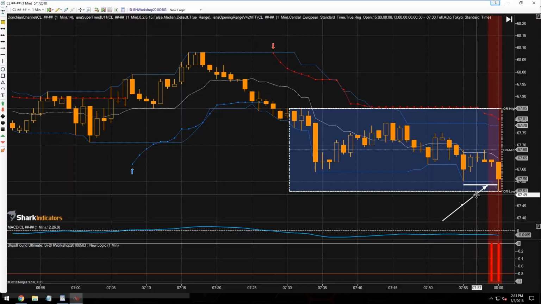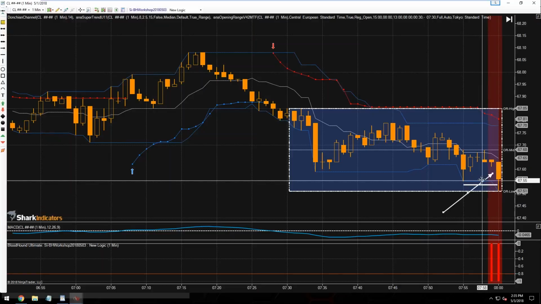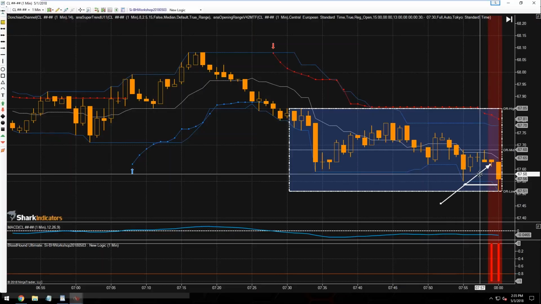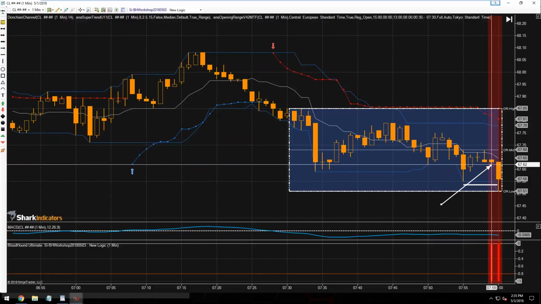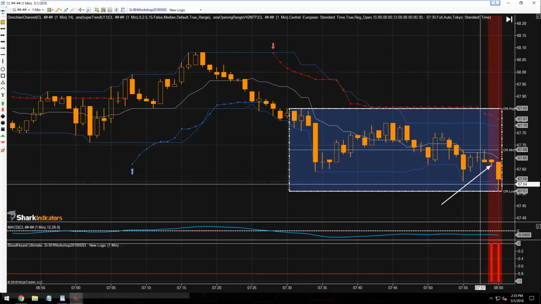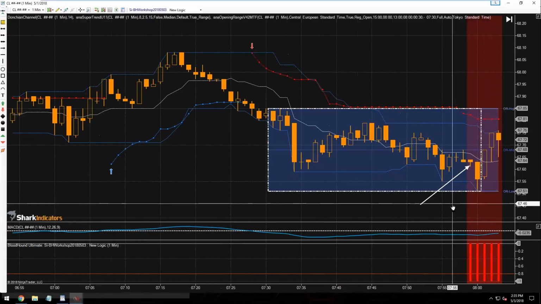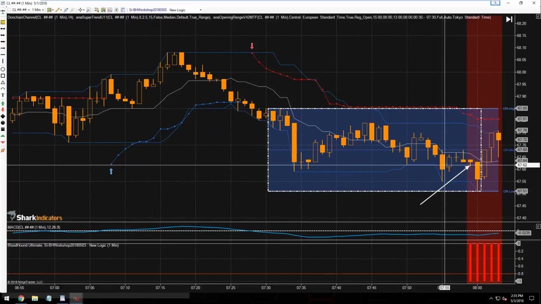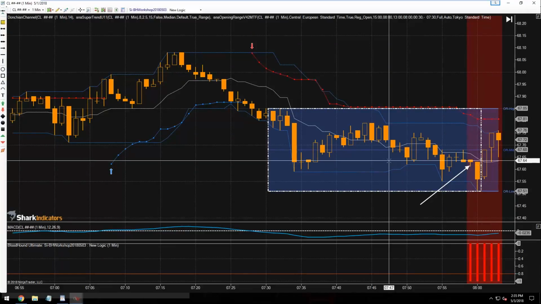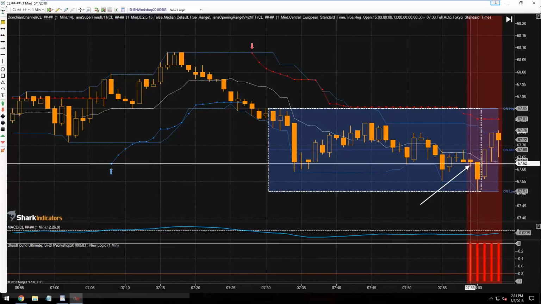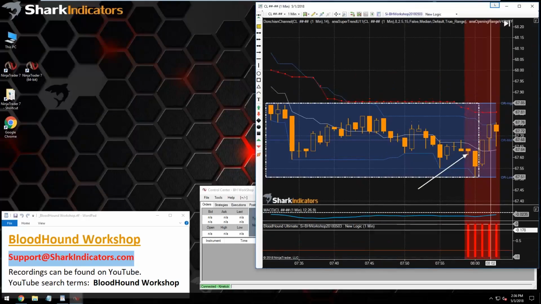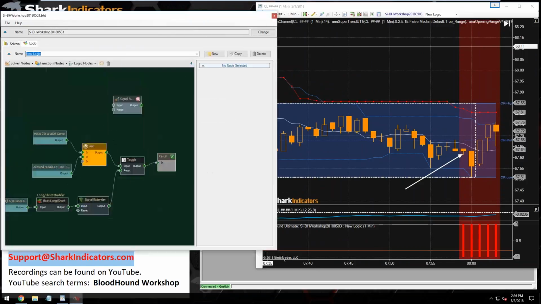So we need to kill the signal on this first bar because it's too early. That's why it's always good to go back and test all the different days and see what crazy scenarios the market can come up with.